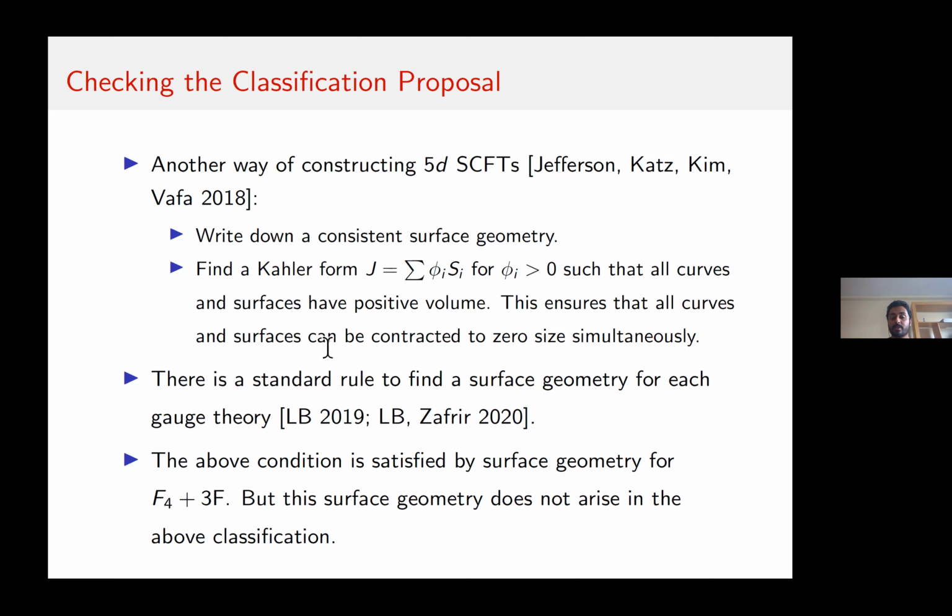But it can also be shown that this surface geometry for F4 with 3 flavors does not arise in the previous classification that we have been considering. So various SU, SO, Sp theories are in the classification, but only for some exceptional groups like F4, E6, and E7, some handful of cases do not arise in this classification. So the classification is not complete.